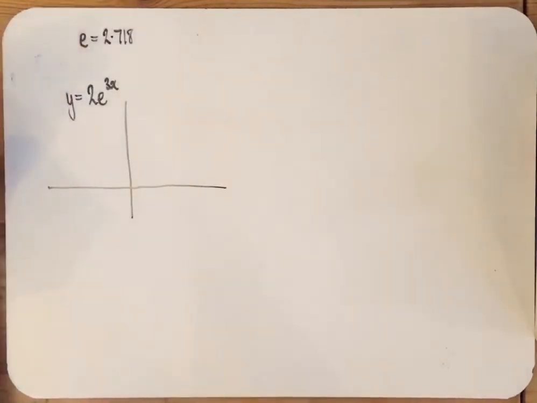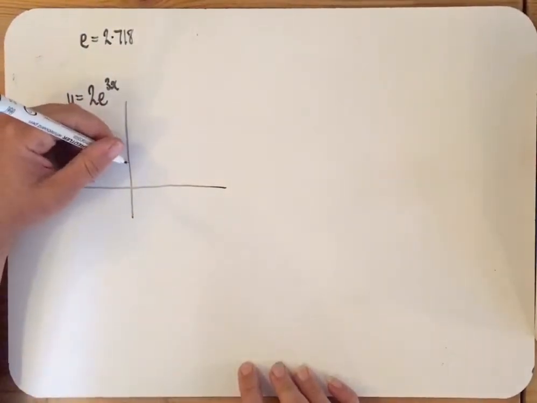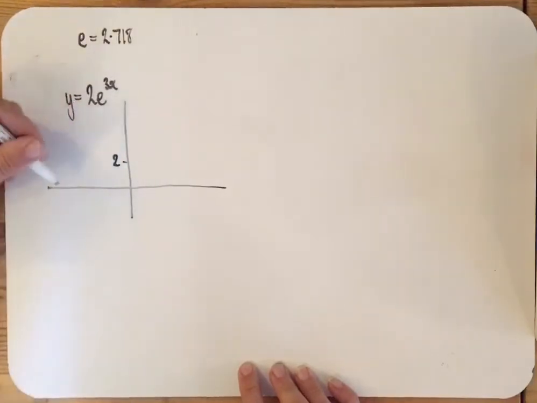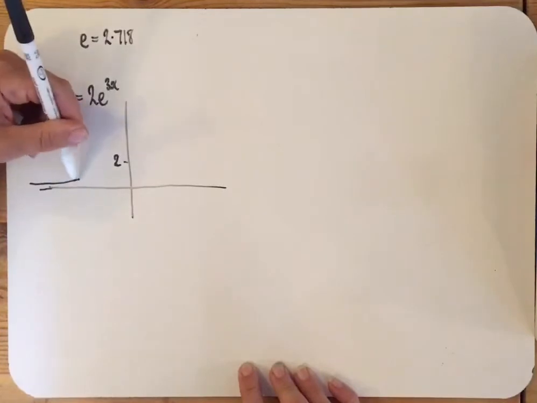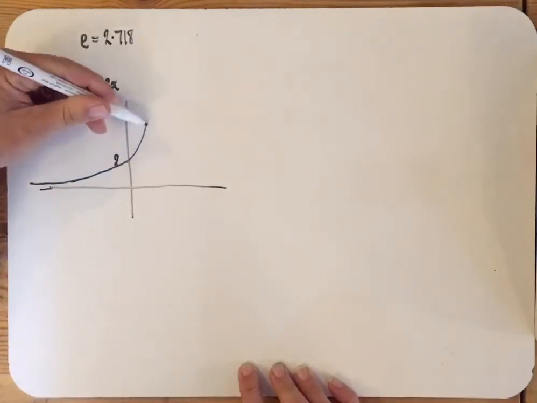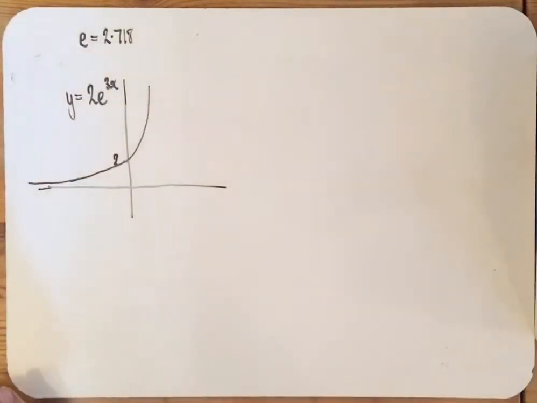So that power's going to go more quickly. The 2 is a stretch in the y-axis by scale factor 2. So it's going through 2 on the y-axis. Sometimes it's easier to put those in afterwards actually. And it has an exponential shape. So something like that.